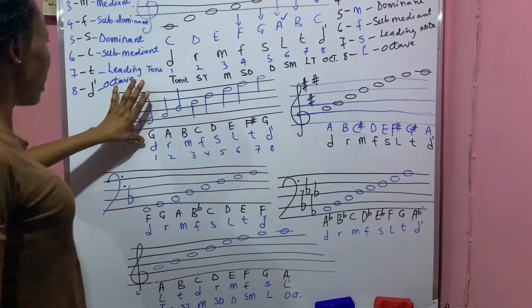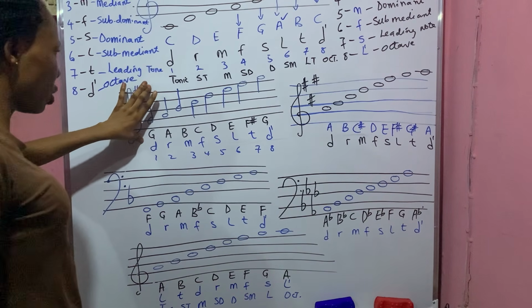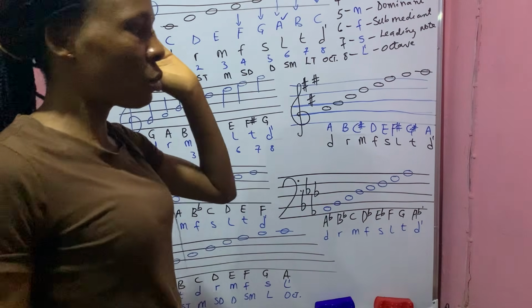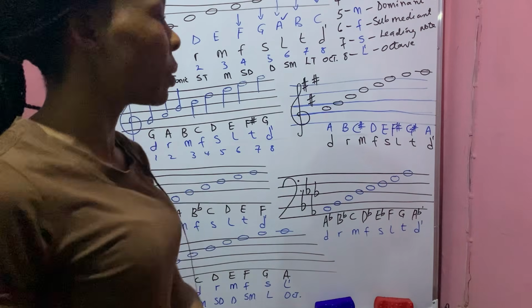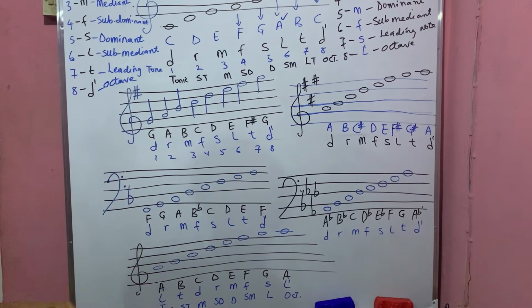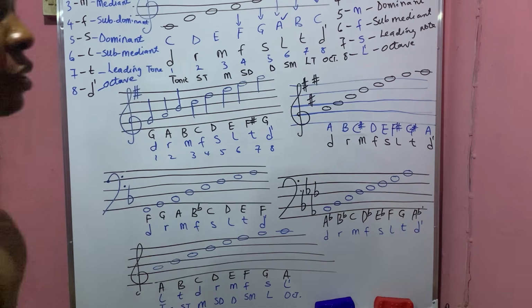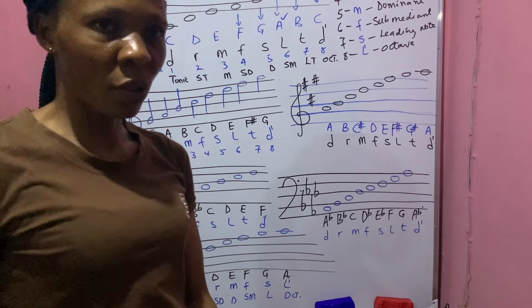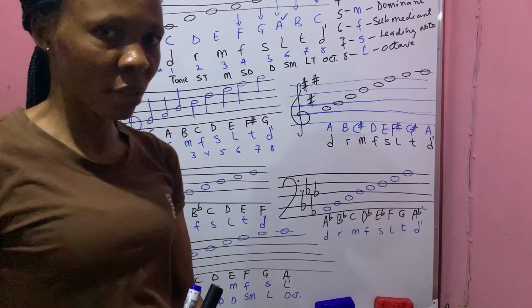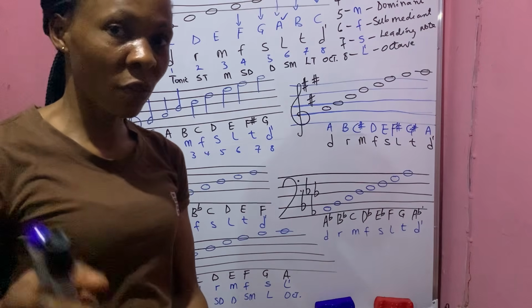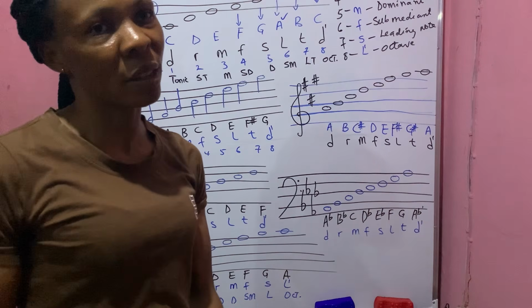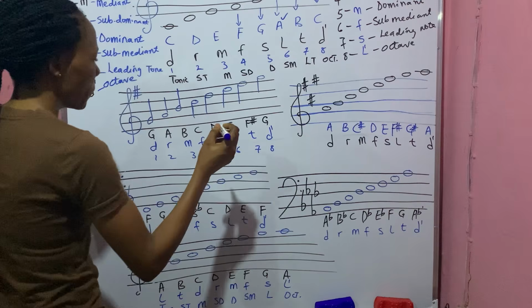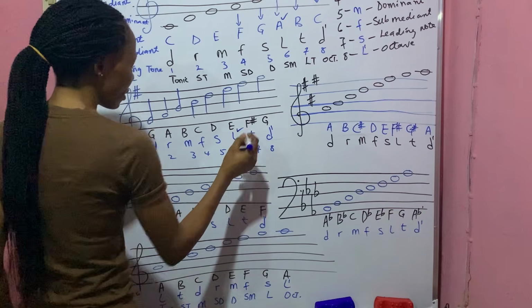Now let's explain the relative minor of G major, because you're going to do the other 11 keys for me. Okay, now G major. What's the relative minor of G major from what I've just explained? I'm giving you 5 seconds. If you say E minor, you're correct. Now, this is the 6th degree, right?